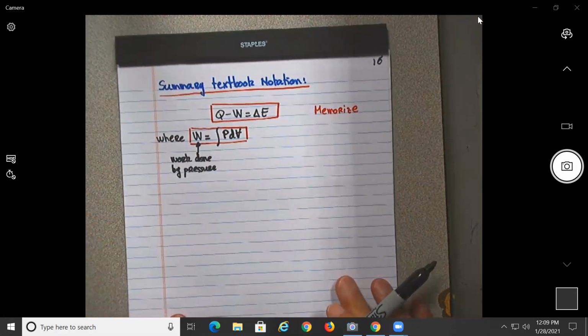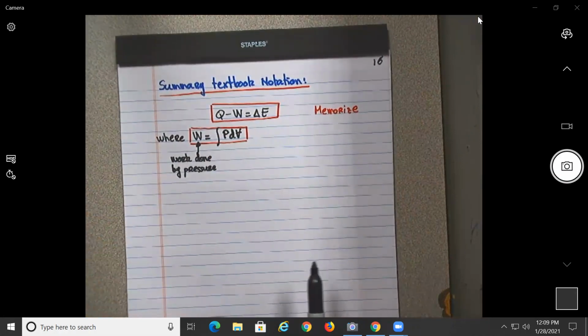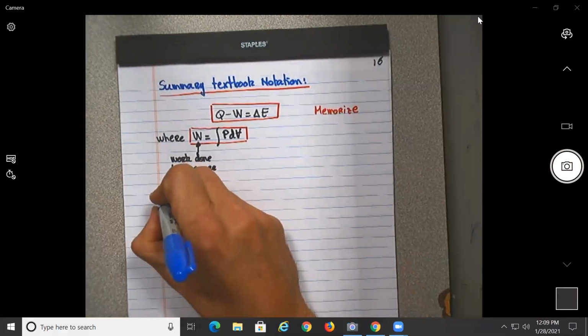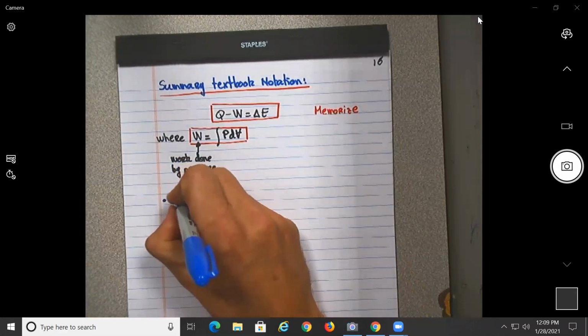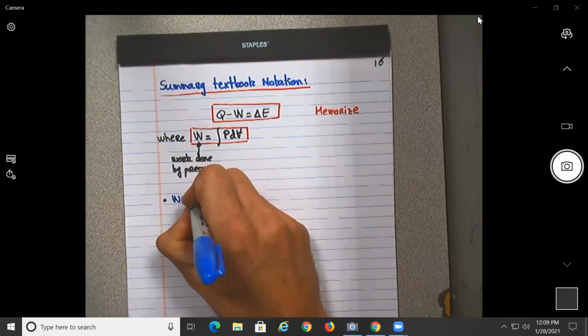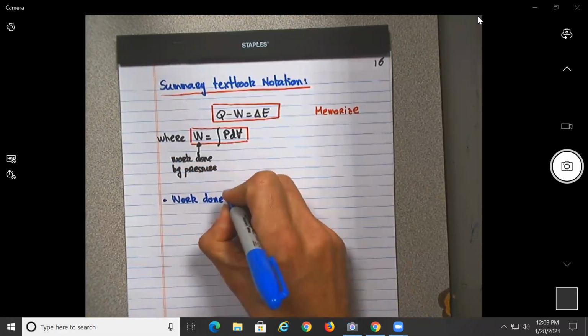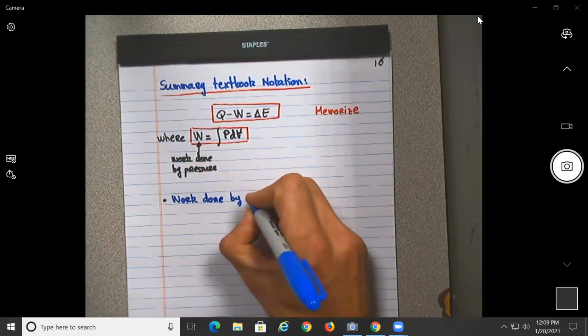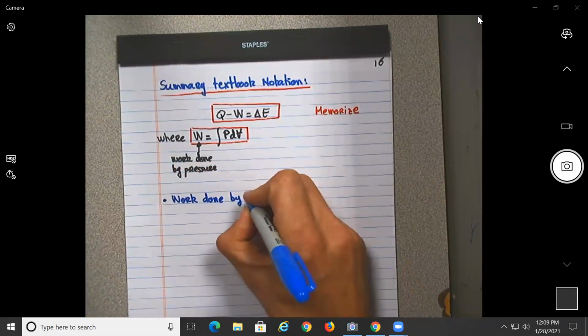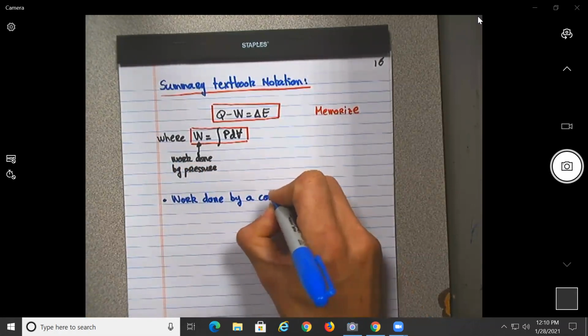So now, we're going to have different cases of the work done by the pressure. So first, we're going to look at work done by a constant pressure.